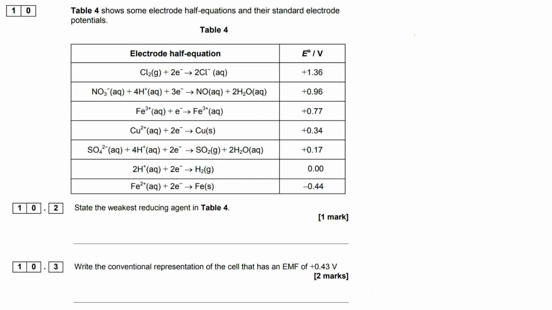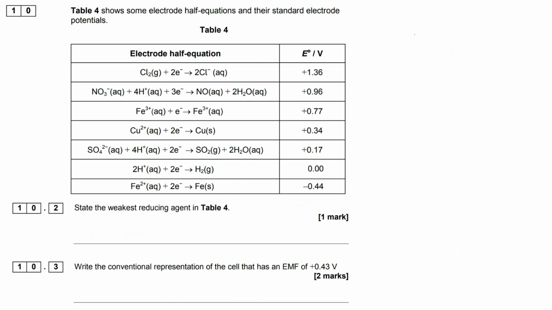So then we move on to some slightly more complicated questions, and this takes us into the realm of electrode potentials. Now, there are quick ways of learning where the strongest and weakest oxidizing and reducing agents are, and you can relate it to positions within the table.